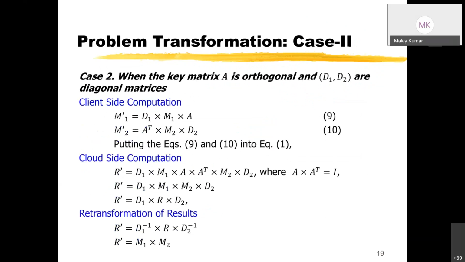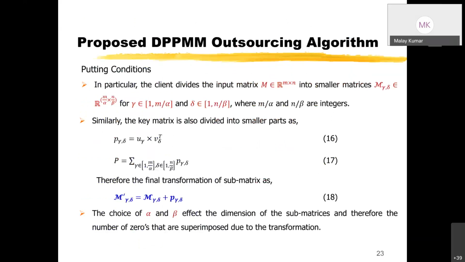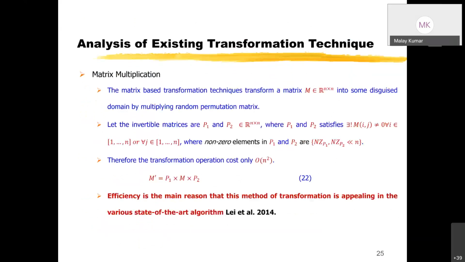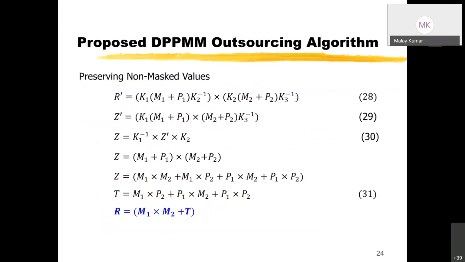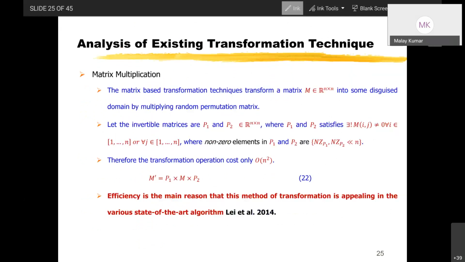Okay. So this is the matrix multiplication algorithm that was proposed in the year 2014 as shown here. He provides a random permutation of matrices.